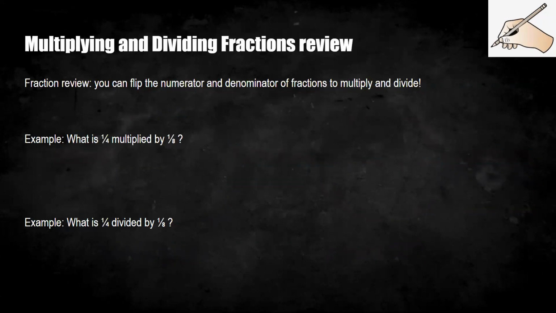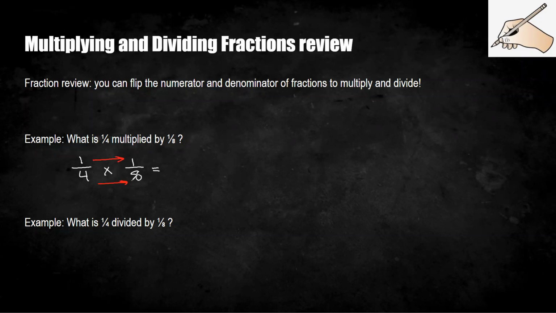In order to do this, it is important to review how to multiply and divide with fractions. So remember, whenever we are multiplying and dividing with fractions, you can flip the numerator and denominator of fractions to multiply and divide. So for example, say we had 1/4 times 1/8. Now in this fraction, since we are multiplying, we simply multiply right across the top and right across the bottom.